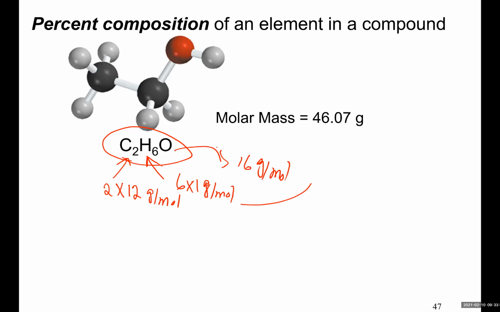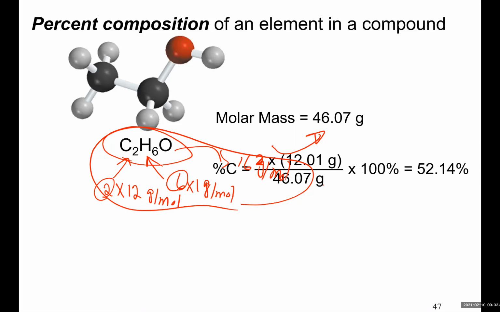You add all of these together, you get the molar mass, the mass of 1 mole. You simply add all the atomic masses together, using the number of them, of course.